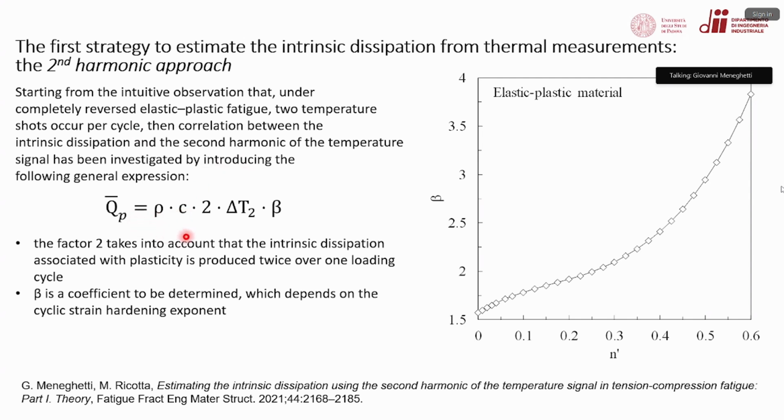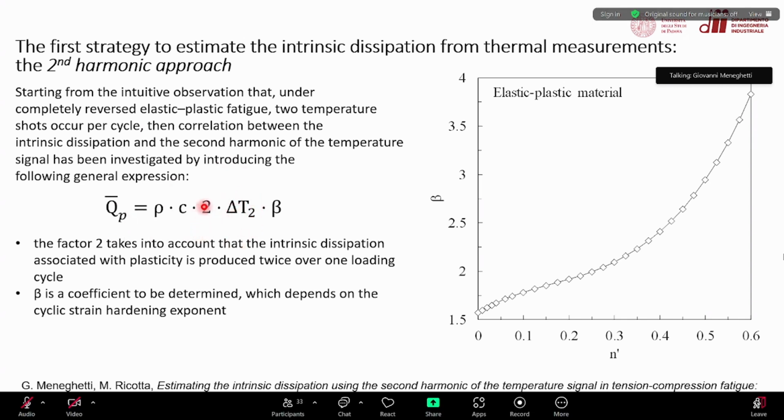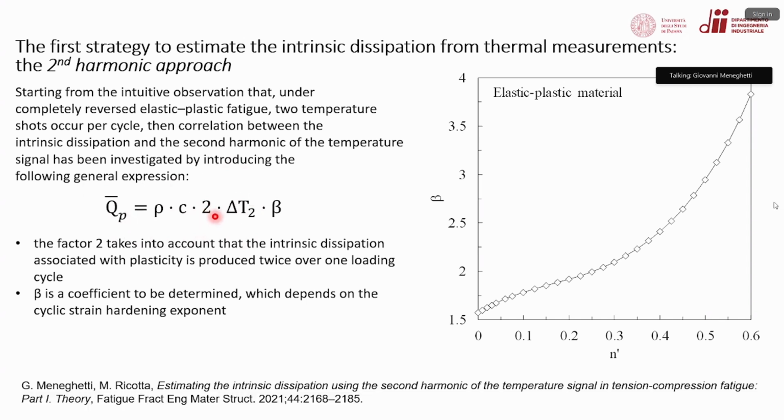So one could say that the intrinsic dissipation is equal to the second harmonic range of the thermal signal, which is delta T2, multiplied by 2 because you have two thermal shots for each cycle, and then of course you have to multiply by the specific heat and the density of the material.